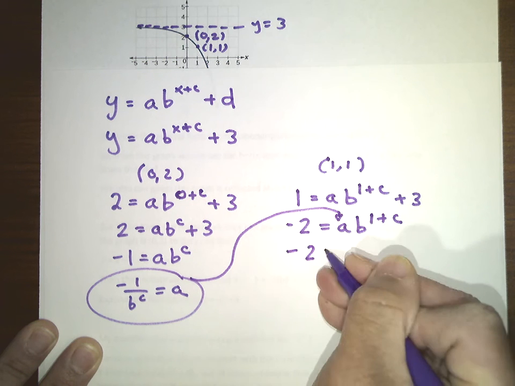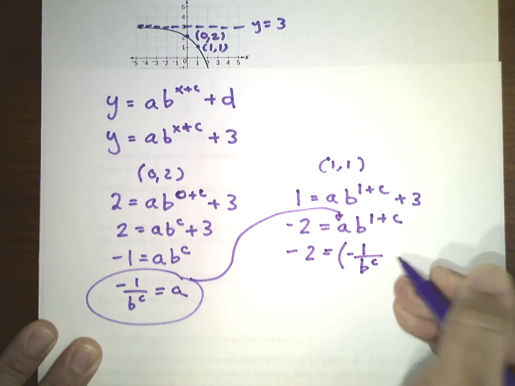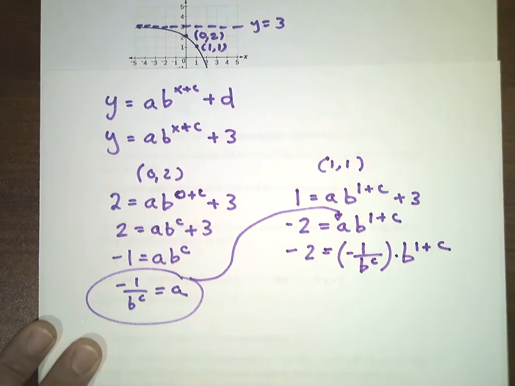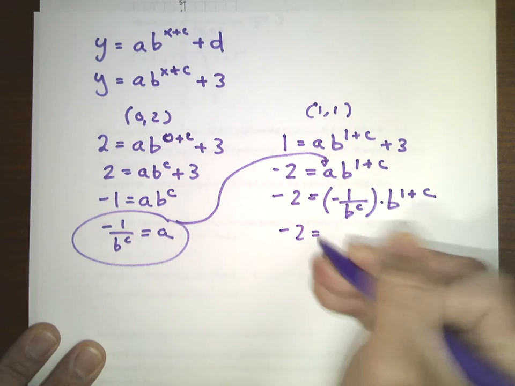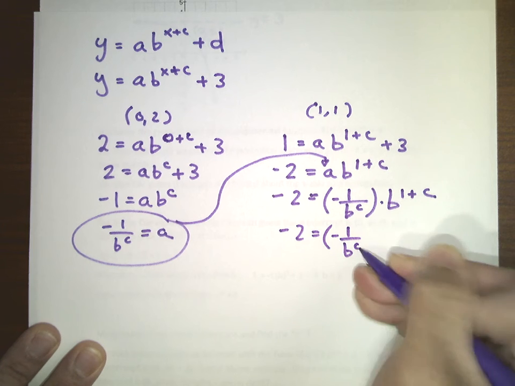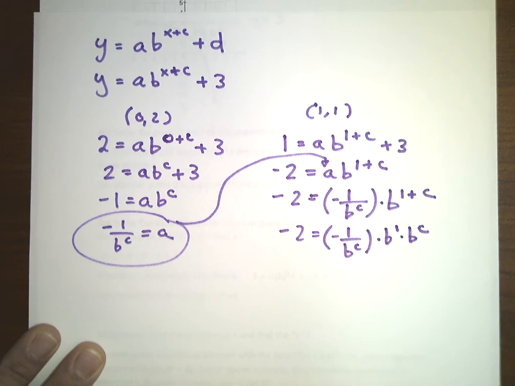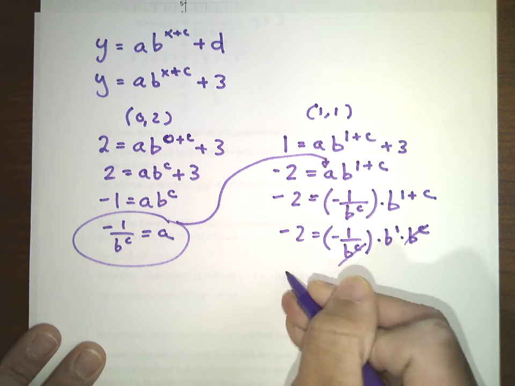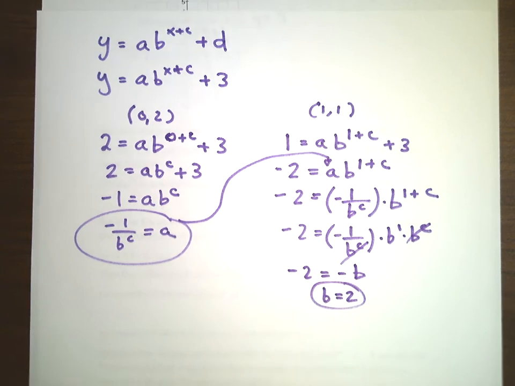So I have negative 2 is equal to negative 1 over b to the c times b to the 1 plus c. And then this really is negative 2 equals negative 1 over b to the c times b to the 1 times b to the c. So b to the c divides out. So I have negative 2 is equal to negative b, or b is equal to 2.